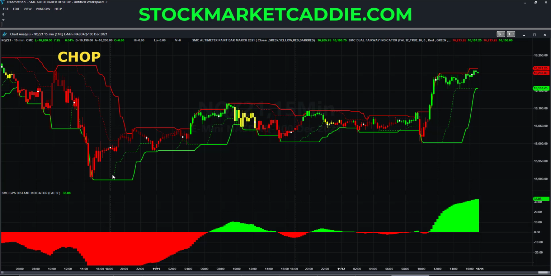Or if they're trying to get long, they could use the inner channel. If you want to slow it down and take a bigger bite, maybe if this is a 5-minute chart, you could set the outer channel to look back 50 and maybe set the inner channel to look back 20.